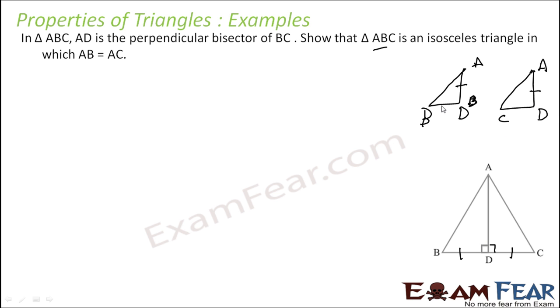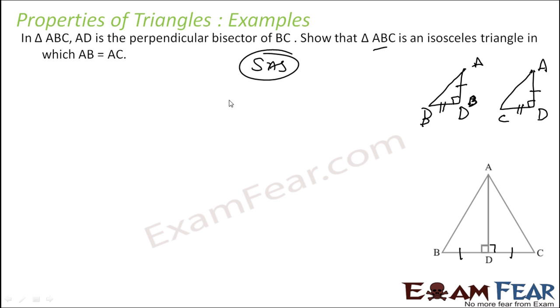Because AD is common, BD and CD are given, and this angle is equal to this angle, already 90 degrees given. So directly you can say that these two triangles are congruent by side angle side.